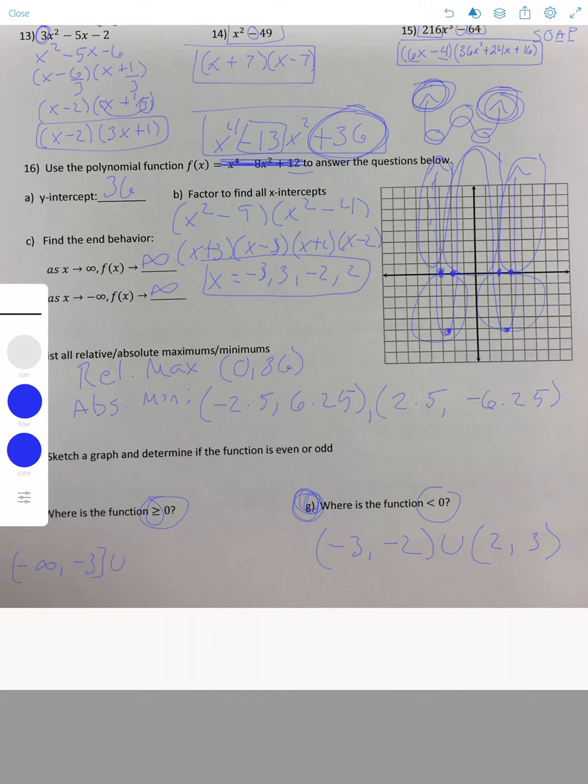And then union, our second piece is going from negative 2 all the way up and back down to positive 2. So brackets, because it can equal, negative 2 to positive 2.